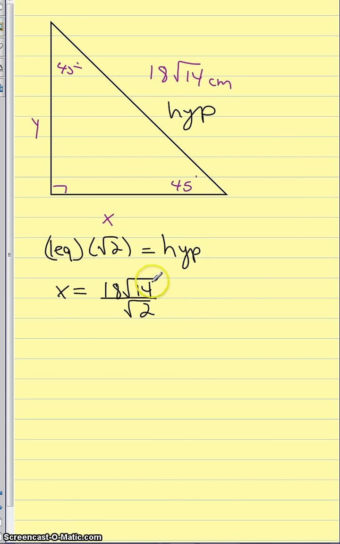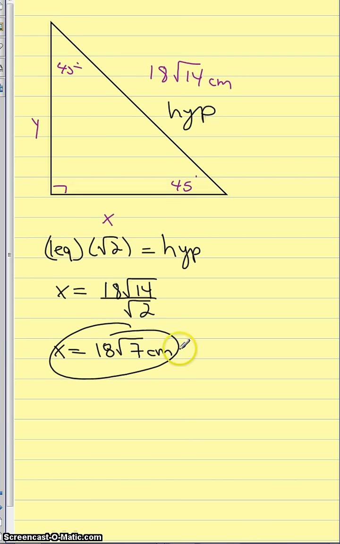Now I could go on and rationalize, but I could also realize that the square root of 14 divides evenly by the square root of 2. 14 divided by 2 is 7, so I really have 18 square roots of 7 centimeters as the value for x. It is also the value for y because the legs are congruent.